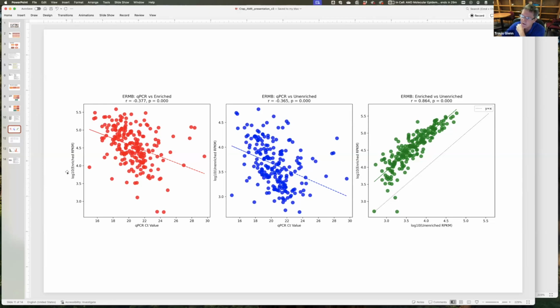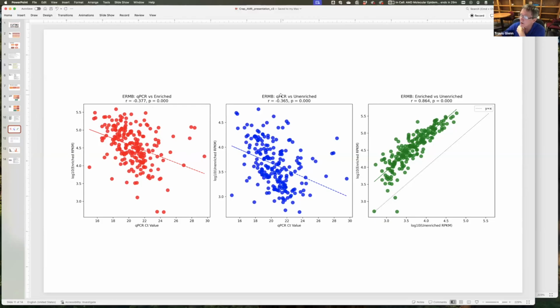One is to look at the enriched scores versus qPCR for these genes in red. And you can see there's a highly significant but modest R score for that correlation.